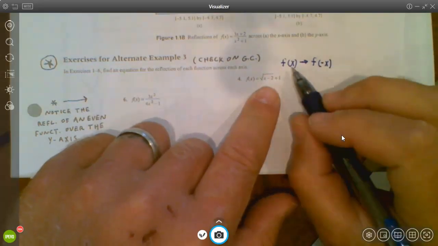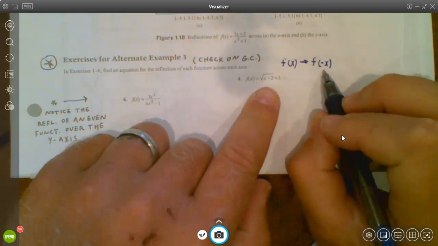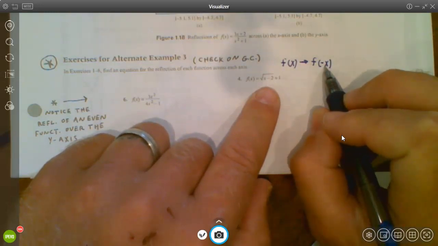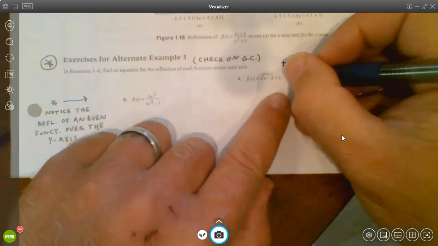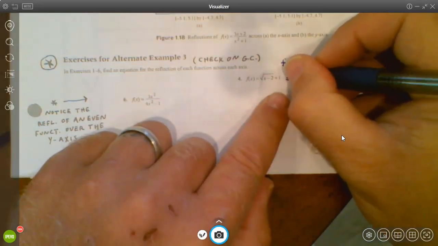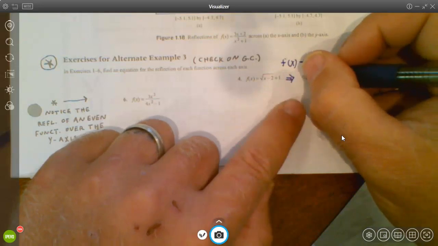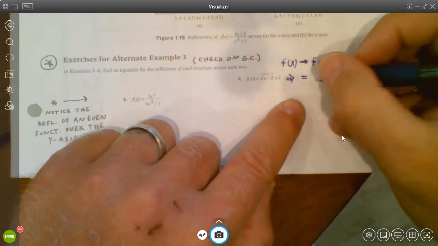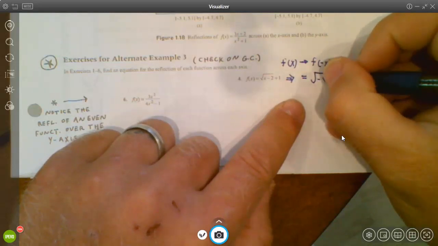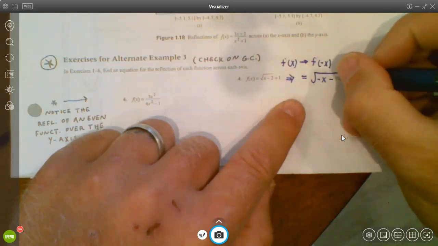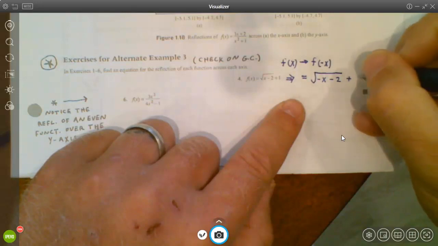So all I have to do is replace my x with negative x in order to get the reflection across the y-axis, which is left and right. So on this one, it is now going to be simply negative x minus 2 plus 1.